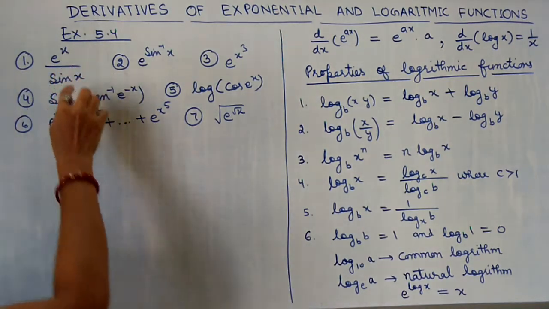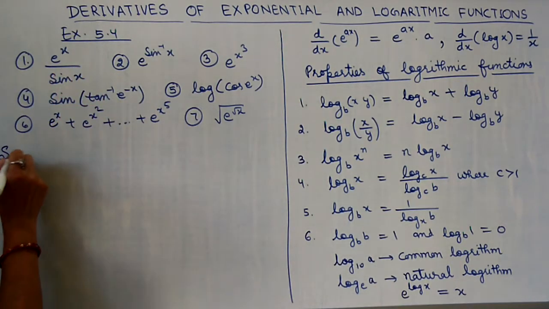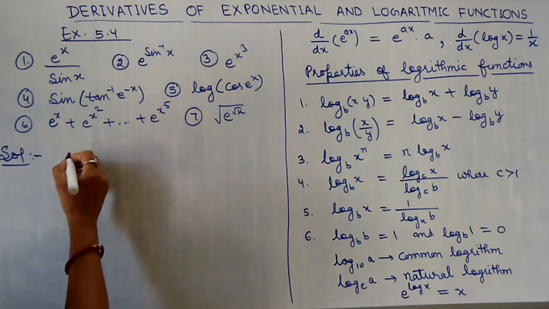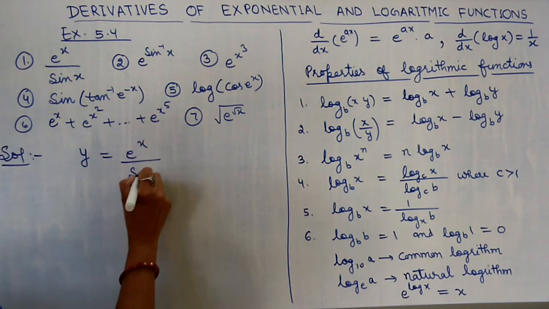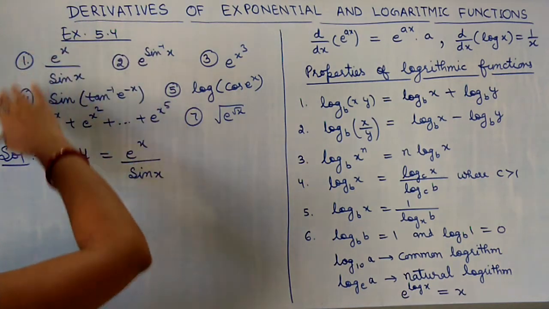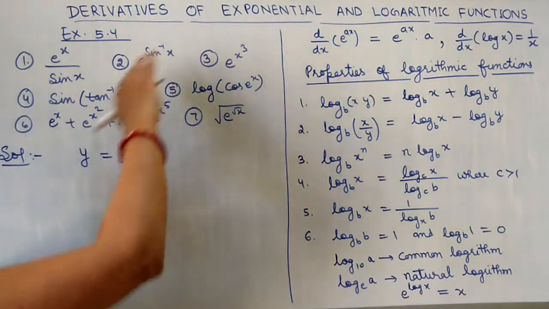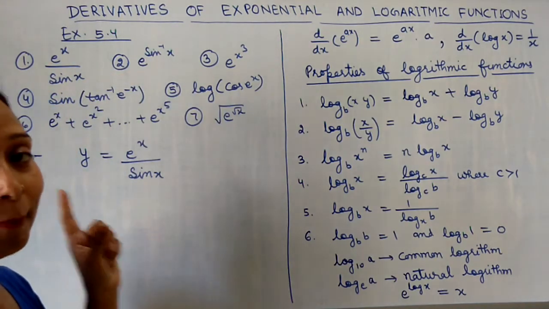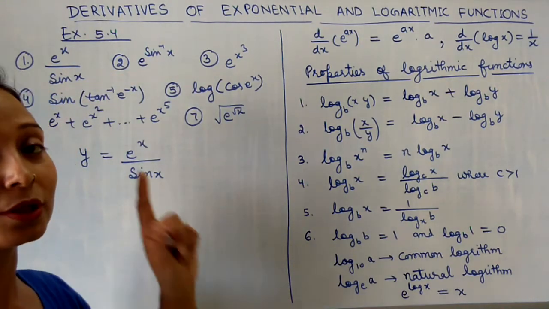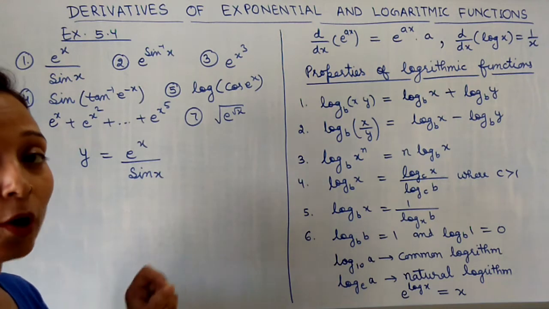The question is exponential of x upon sin x. How to solve this question? Take y equals exponential of x upon sin x. The question demands to differentiate it with respect to x. You have to differentiate it with respect to x, using dy upon dx.